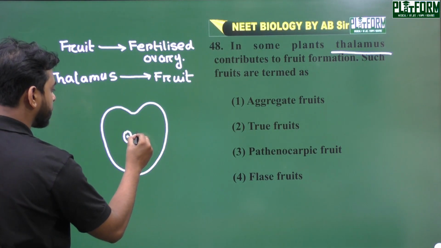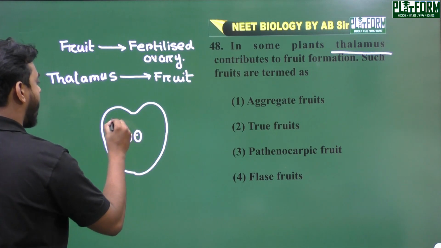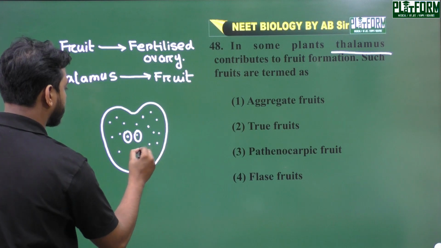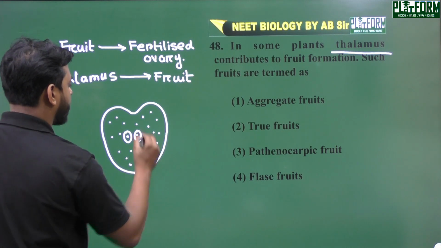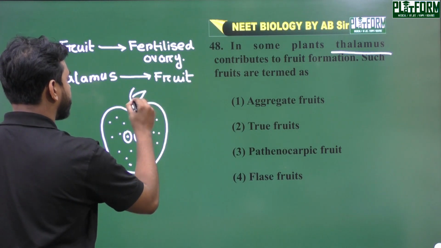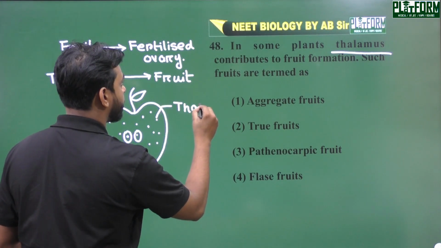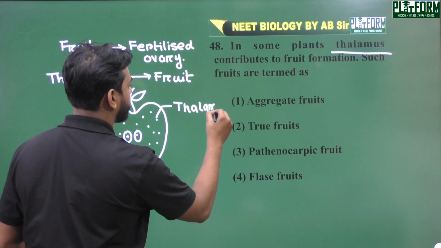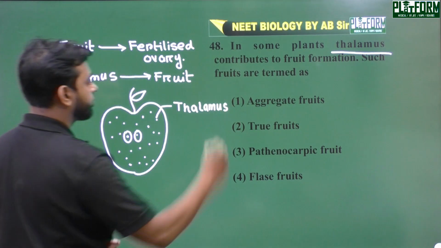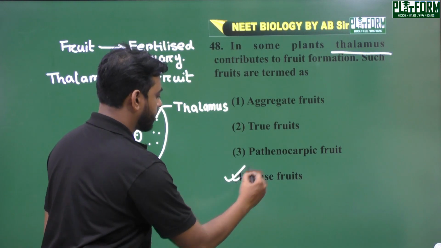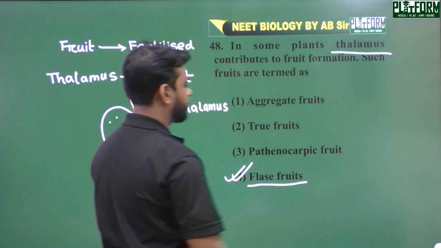This is a fruit with seeds, and we have this fleshy part, and this fleshy part is a modified fleshy thalamus. So the correct answer will be false fruit.